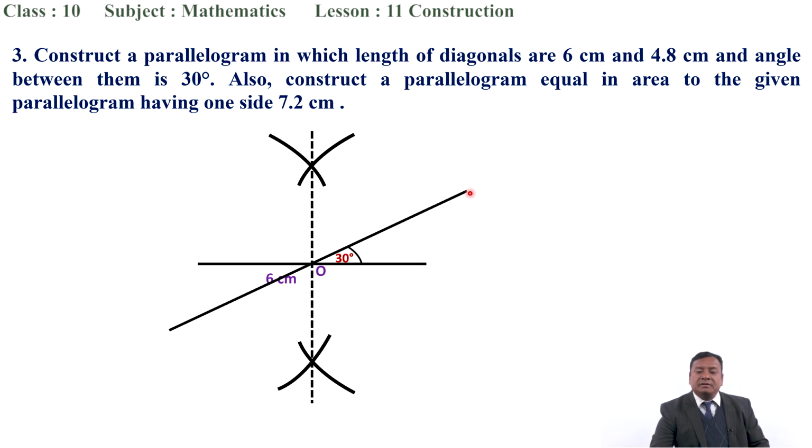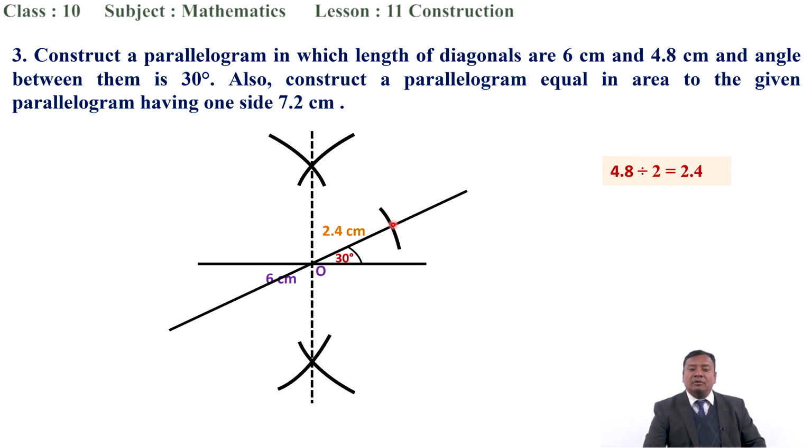It is given that the length of the other diagonal is 4.8, so just divide by 2. Dividing by 2 means from the middle point we cut 2.4 centimeter on both sides. So from O we cut 2.4 centimeter here, then on the other side also. Now the total length is 2.4 plus 2.4, which becomes 4.8 centimeter.